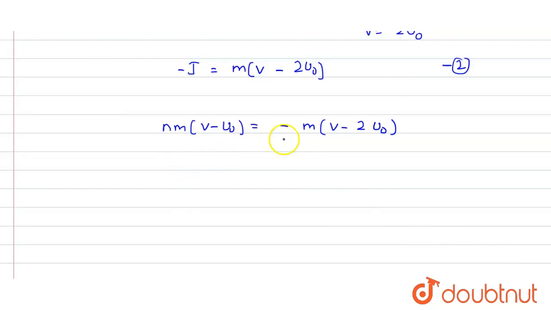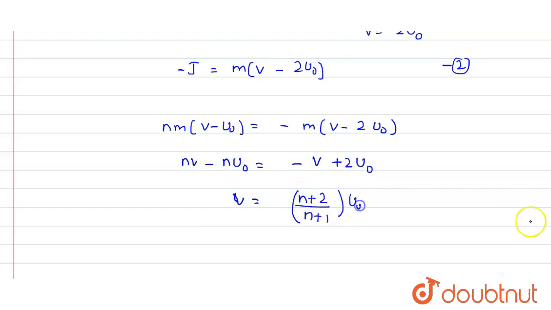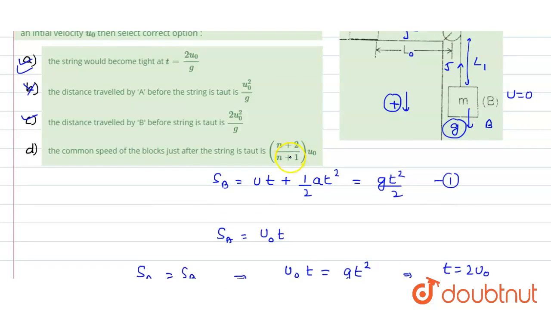Here m would be cancelled: nv minus n u naught equals minus v, and minus minus would be plus 2u naught. If we solve this, the common velocity v turns out to be (n plus 2) upon (n plus 1) times u naught. That means option D is the correct option.